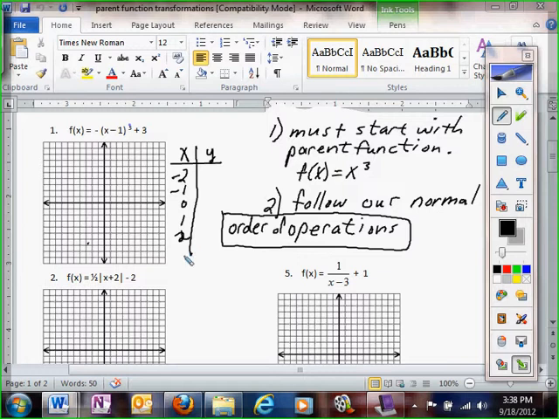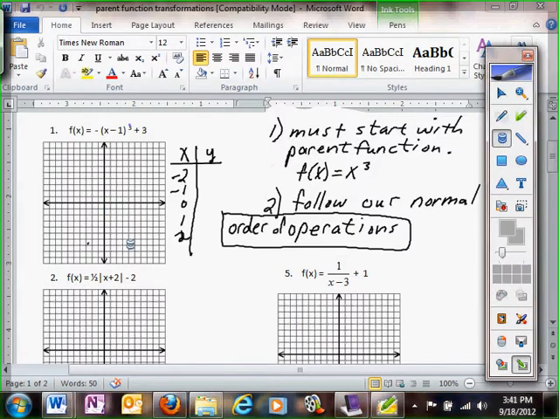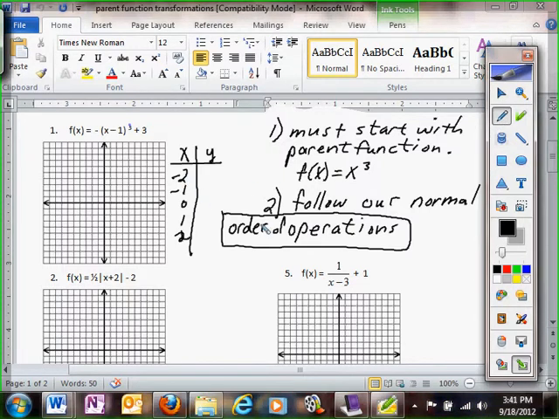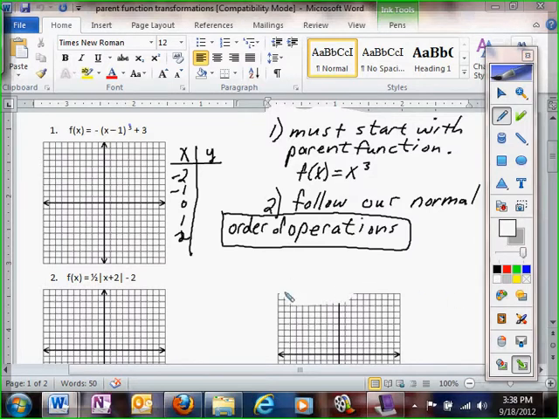The reason you want to choose these values is because it gives you a symmetrical view of your origin. It gives you a really good look at your graph. So we want to choose those values. What I have to do here is find out what is negative 2 to the third, what is negative 1 to the third, and so forth.